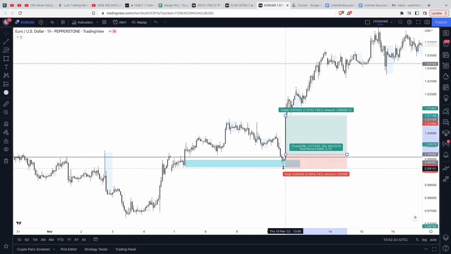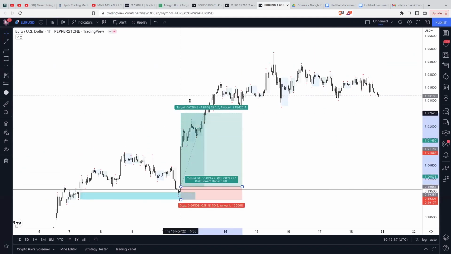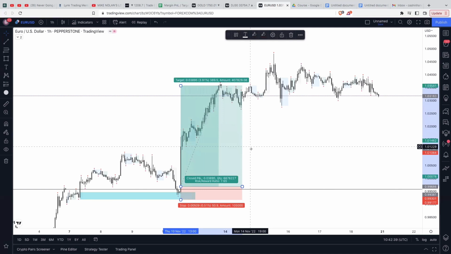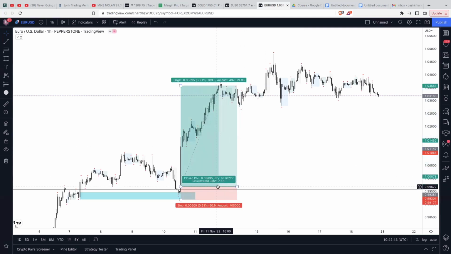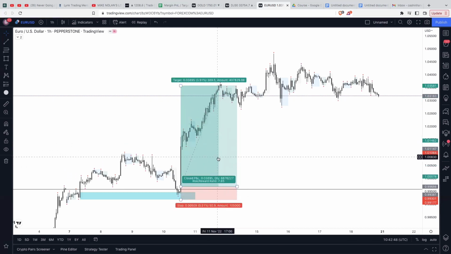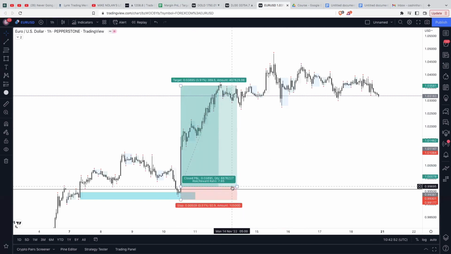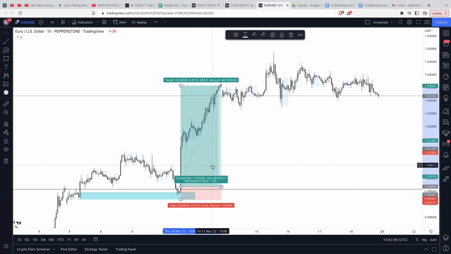I'm going to cover the low, and then that was an hour. So if you've wagered, say, £1,000 out of your pot, you've now got 7.65 grand minus fees if you closed out there, and that was over a day. So you can pretty much make 7 times your money in a day rather than investing and waiting.